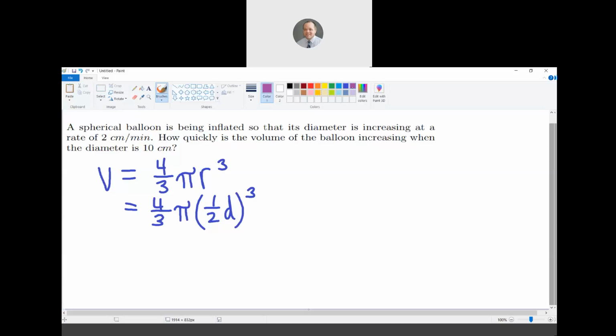So the change in the diameter with respect to time is 2 centimeters per minute, or dd over dt. You're also given that the diameter is 10 centimeters.